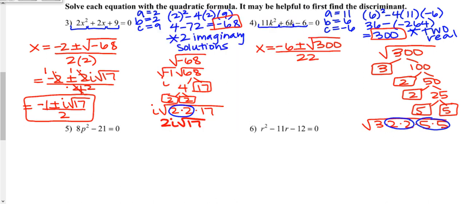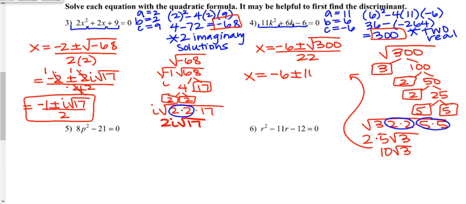So I'm pulling out a 2, I'm pulling out a 5, and I'm leaving that lone 3 in there. So this actually simplifies to 10 root 3. So moving back up to the problem I was on, x equals negative 6 plus or minus 10 root 3 all over 22.